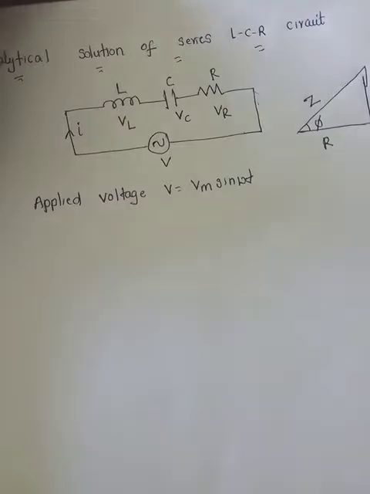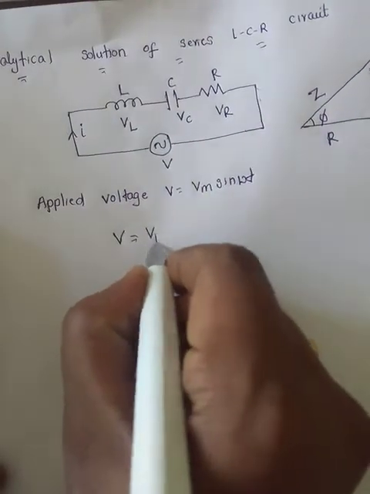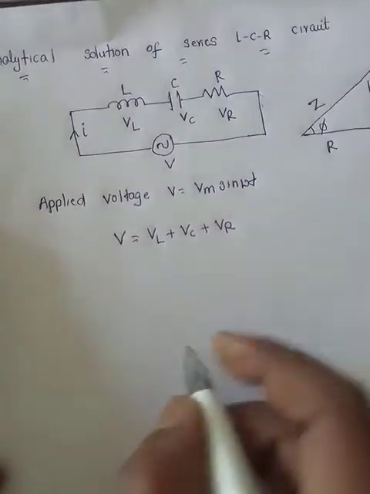Now the applied voltage, the total voltage, is equal to the voltage across inductance plus voltage across capacitance plus voltage across resistance.